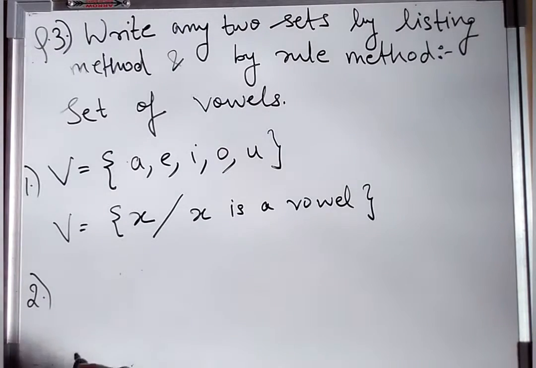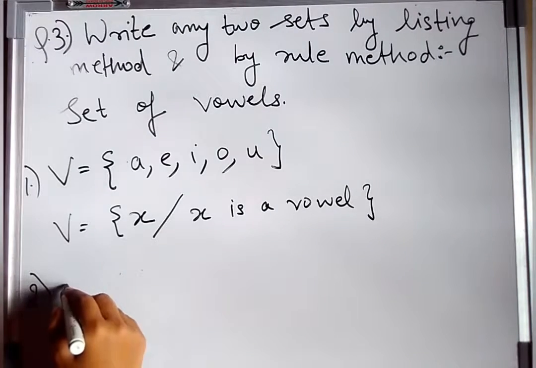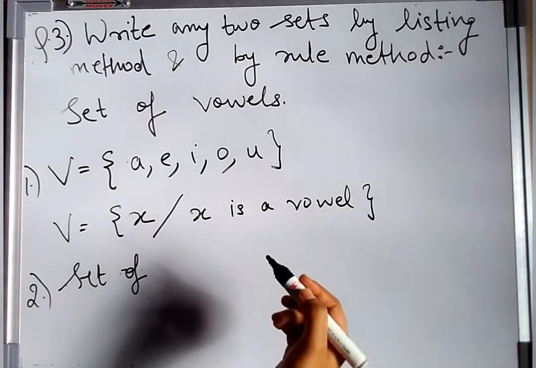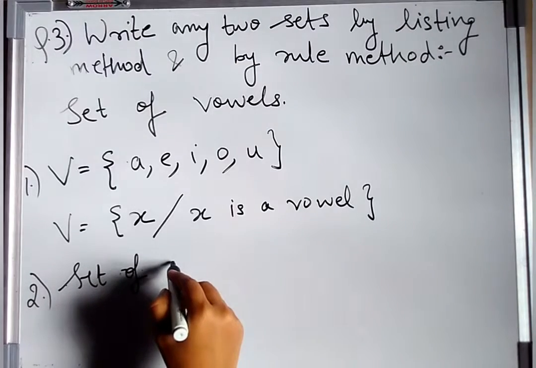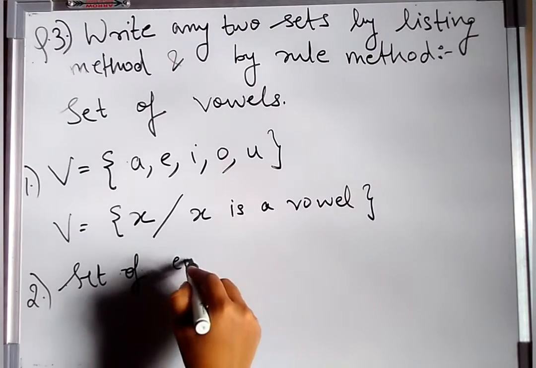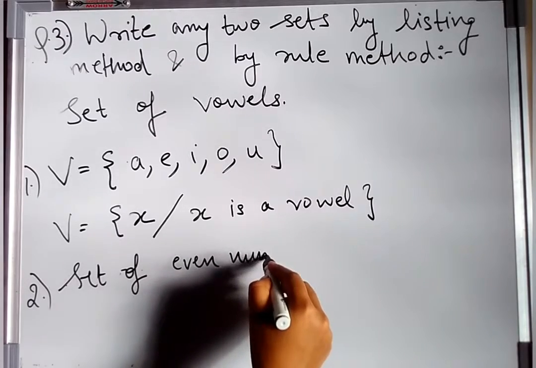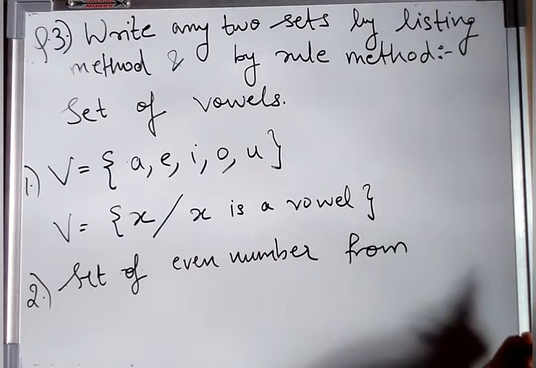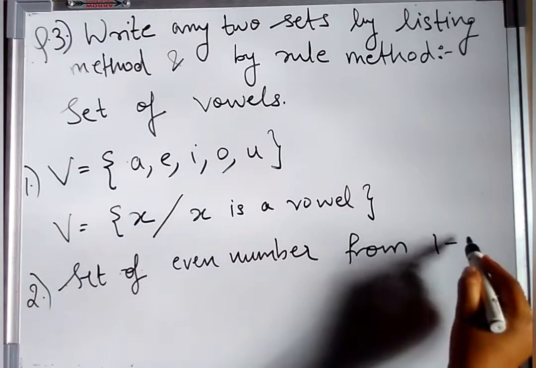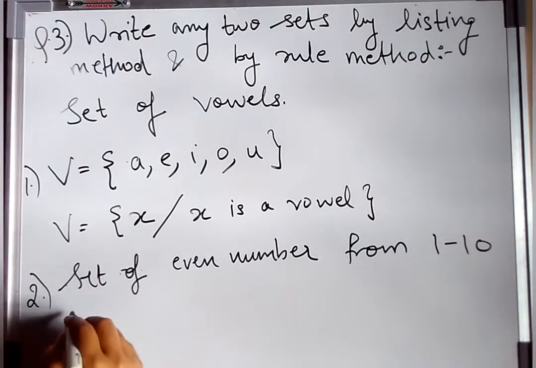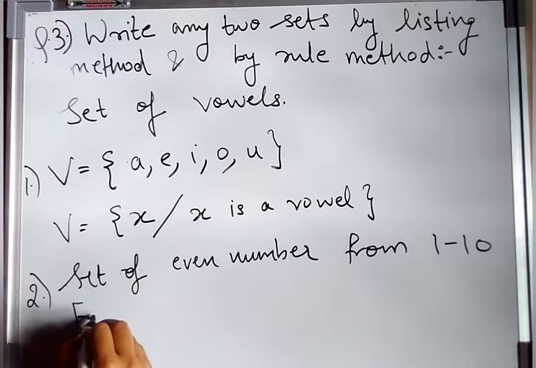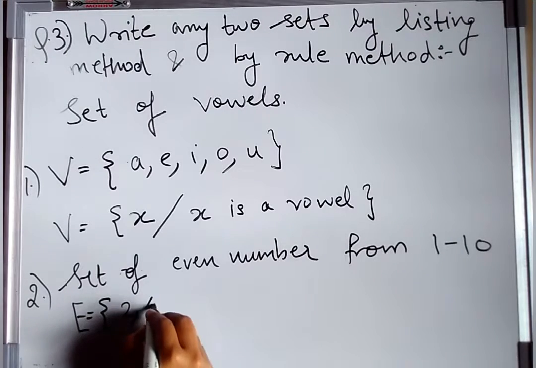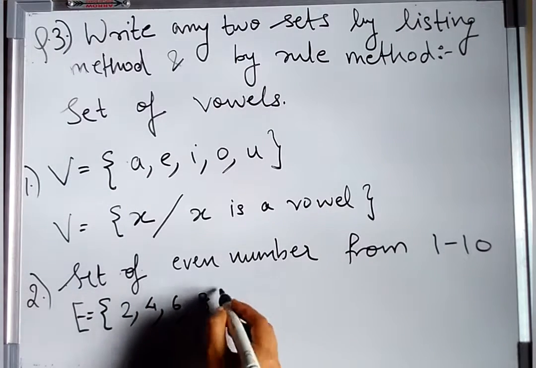Another example. Set of even numbers from 1 to 10. Okay, so how will that look? Using roster method I can write it as 2, 4, 6, 8.